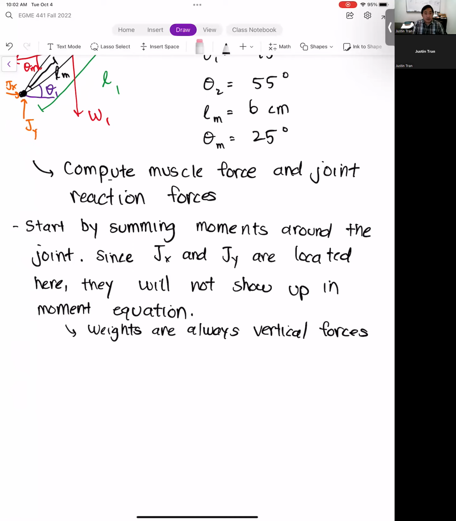That's important because if we know that the weights are always vertical, then we know that anything that's going to be perpendicular to those weights is going to be a horizontal line. And so that basically means that whenever you compute the moment arm for a vertical force, it's always going to be a horizontal distance.